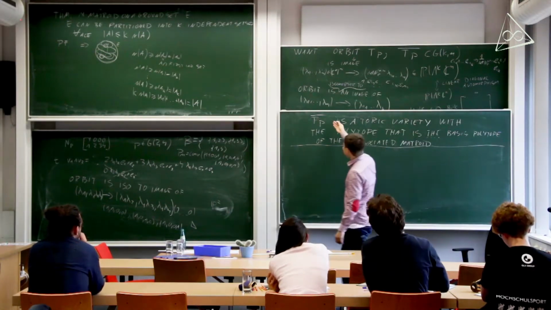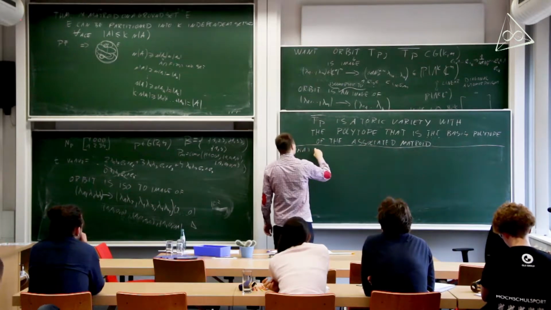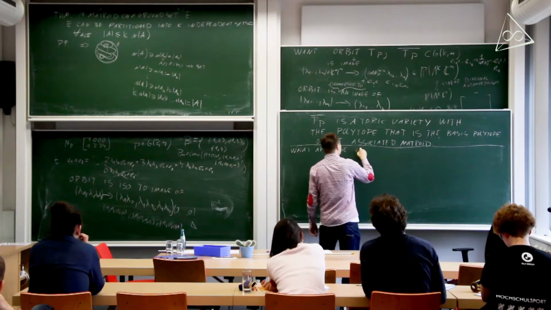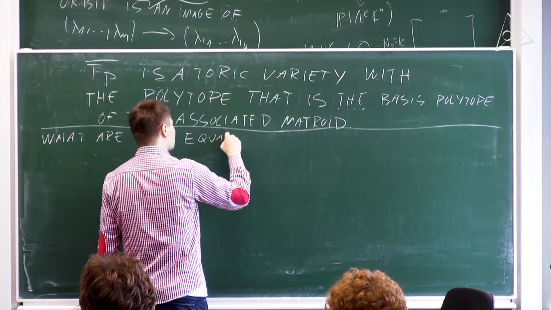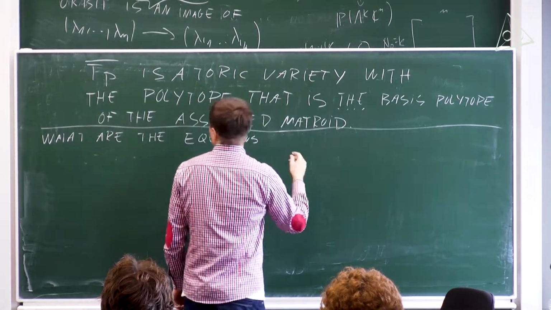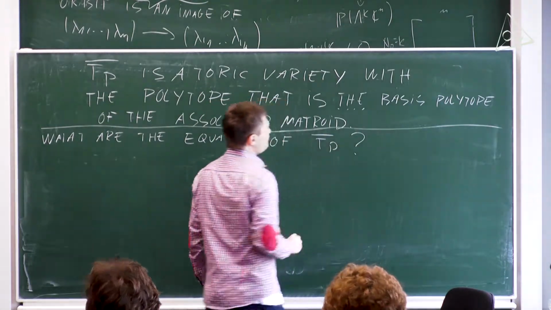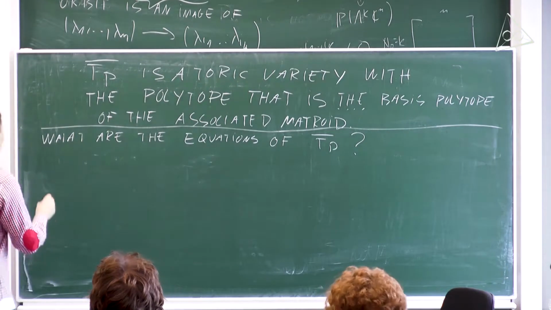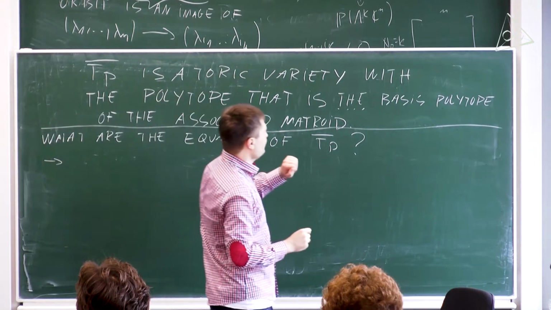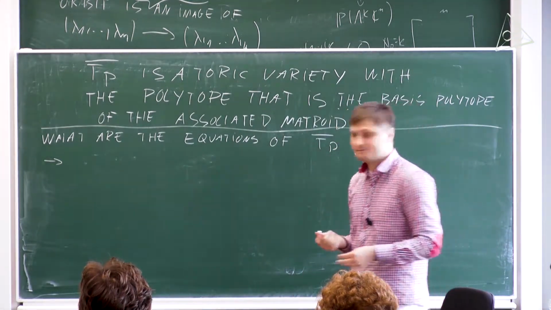So let's try to say, what are the equations? What is the ideal of this torus orbit closure? And this fact that this is a toric variety tells us that this is generated by binomials.